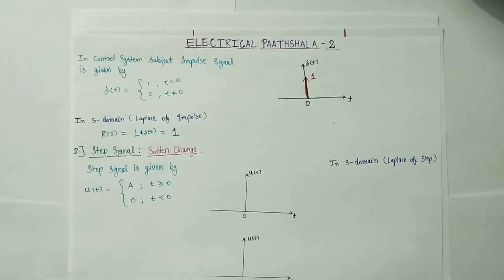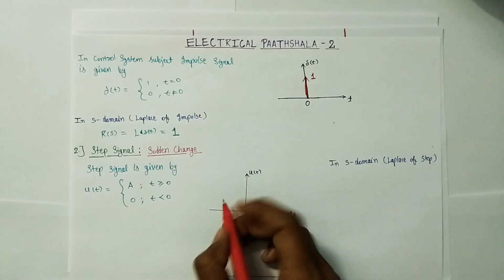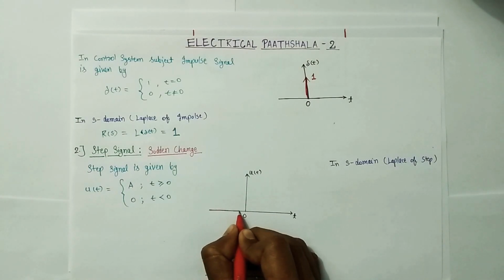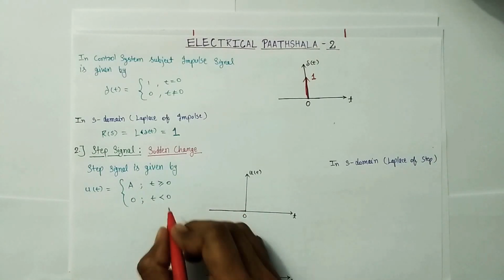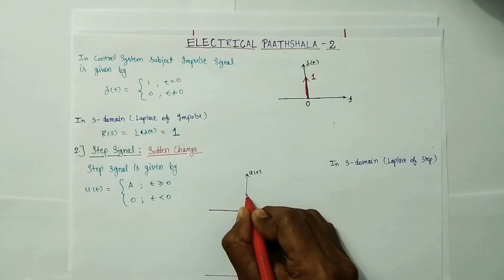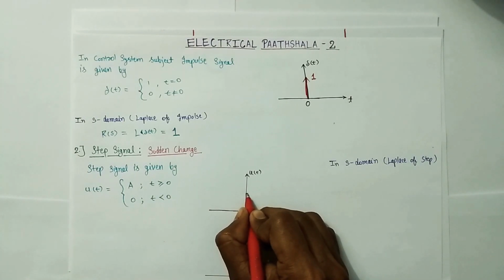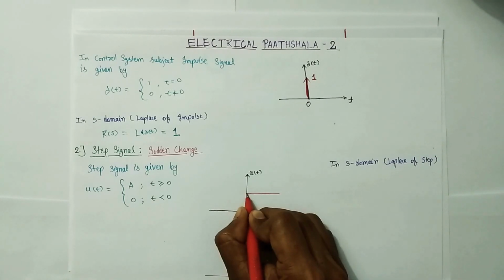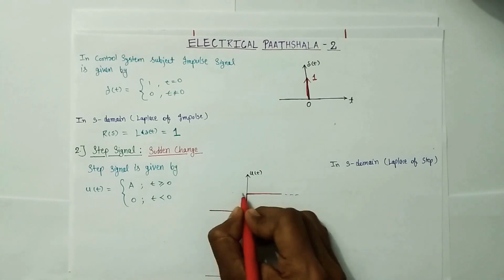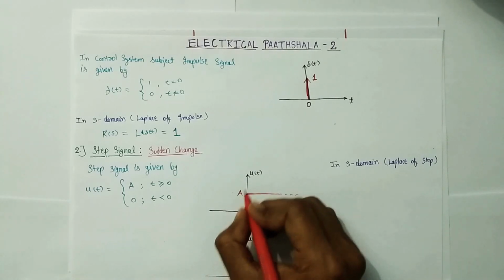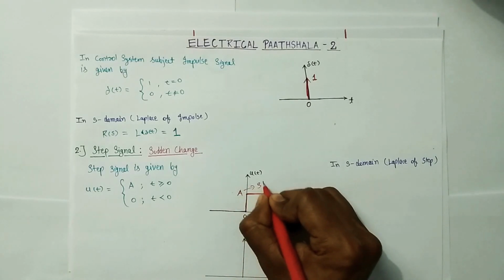The graphical representation of the step signal is: for t less than 0, the magnitude of the signal is 0, and at t equals 0, the magnitude of the signal suddenly becomes A, and after t equals 0, the magnitude remains the same. This A is known as the step magnitude.